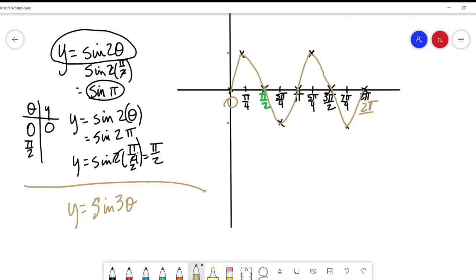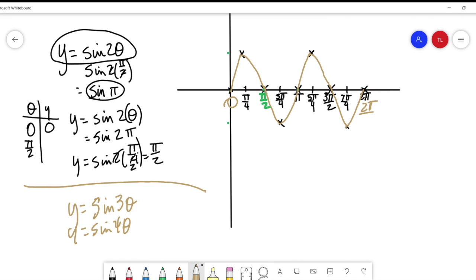Now how many graphs will I draw between 0 and 2 pi? 3 of them. What if it's 4 here? You're going to draw 4 graphs between 0 and 2 pi. That's the effect that number has on it.